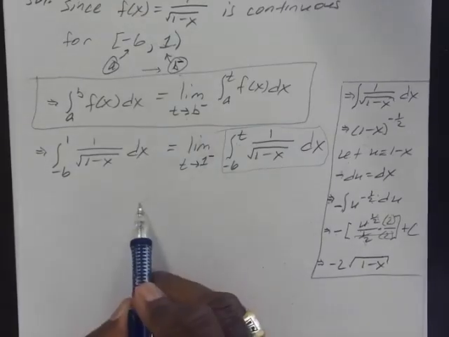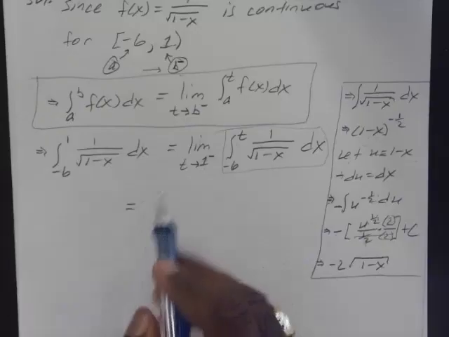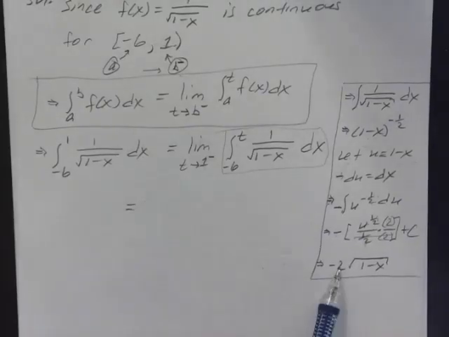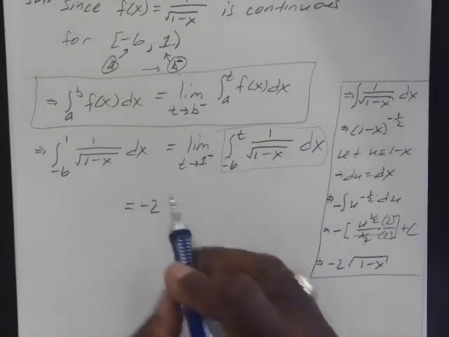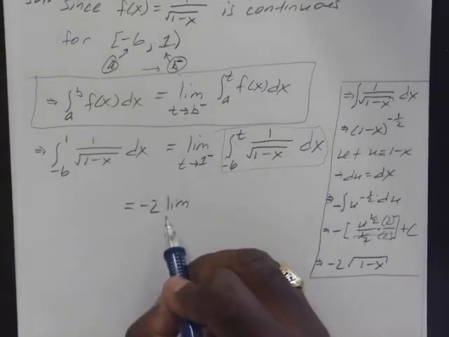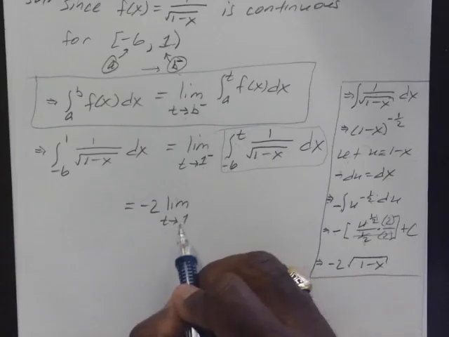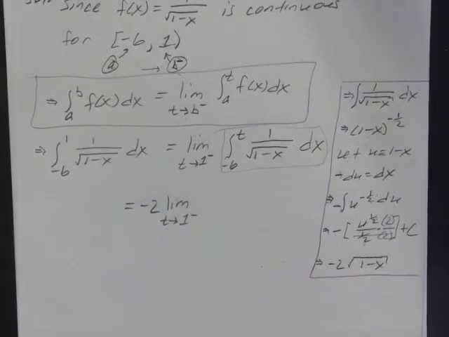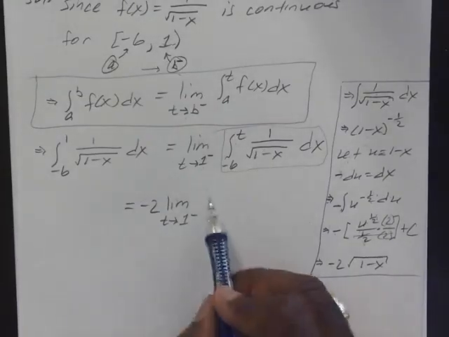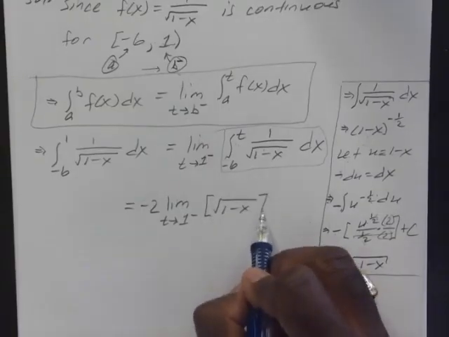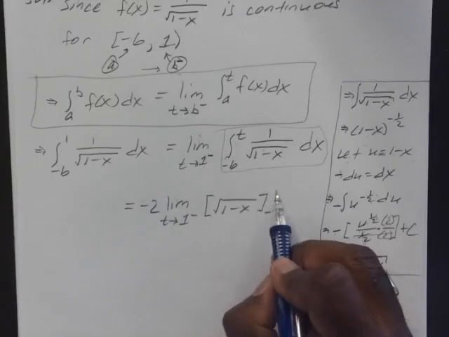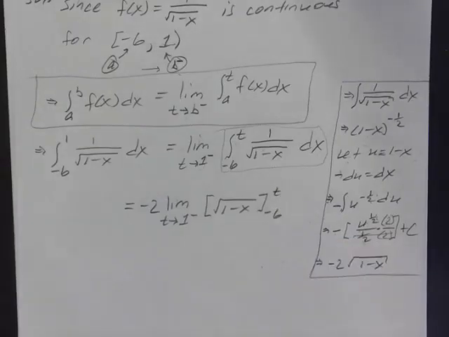So -2 times the limit as t approaches 1 from the left of the square root of 1 minus x, from -6 to t.